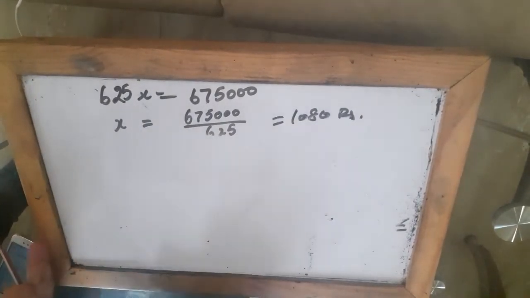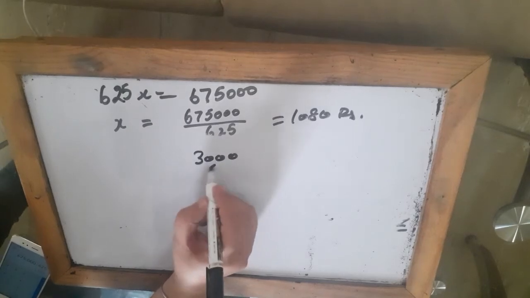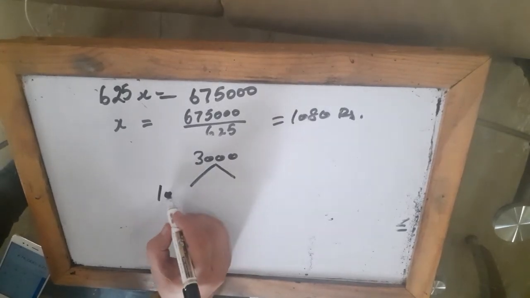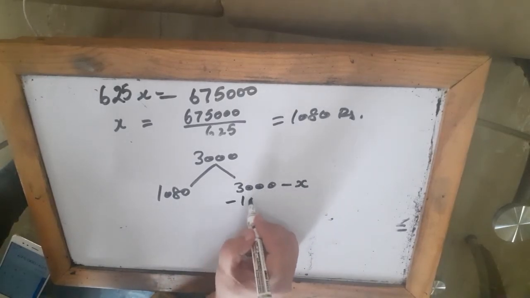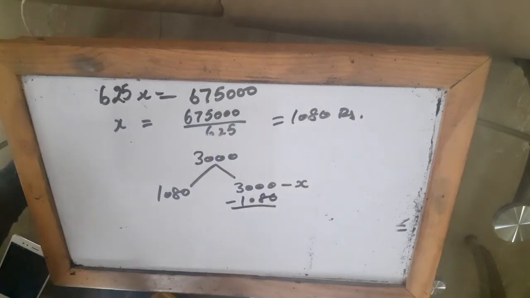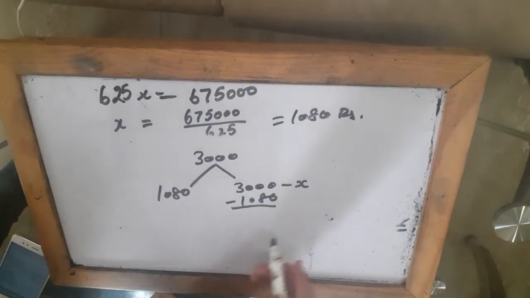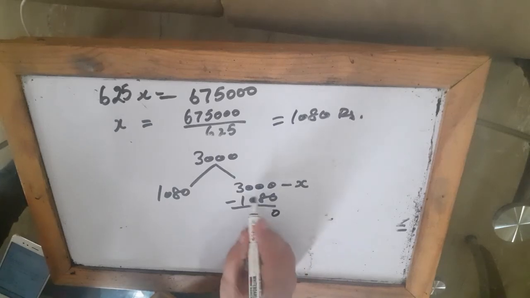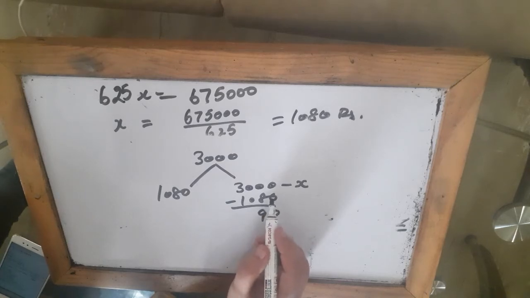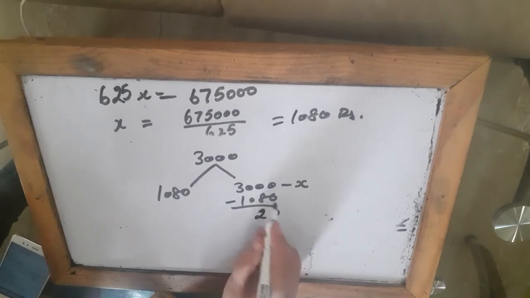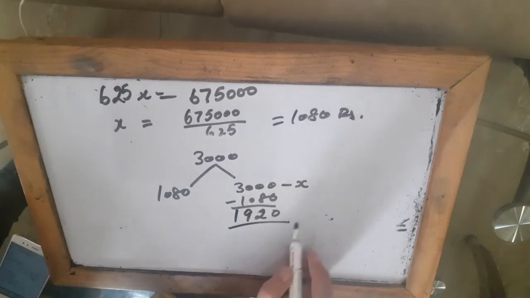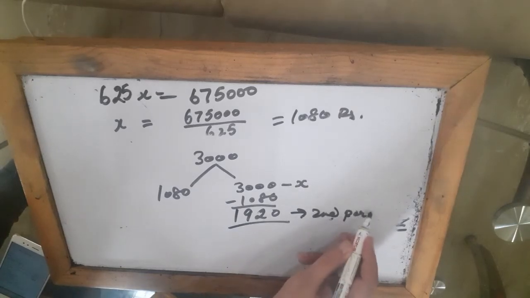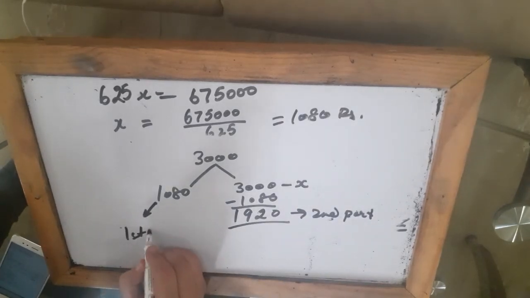So what are the two parts I have divided this 3000 into? One is x, meaning one part is 1080, and the other part is 3000 minus x, meaning 3000 minus 1080, which comes to be 1920. So the second part is this and the first part is this.